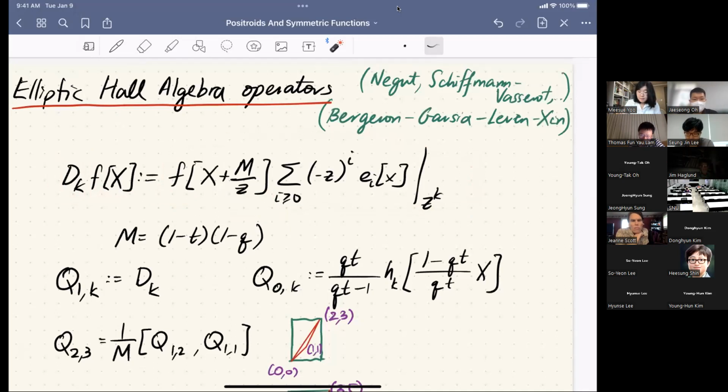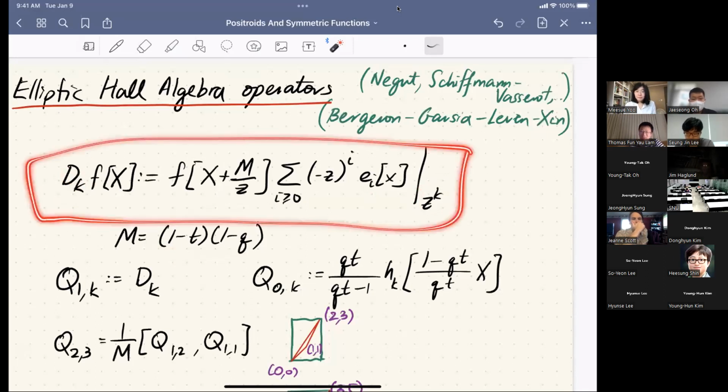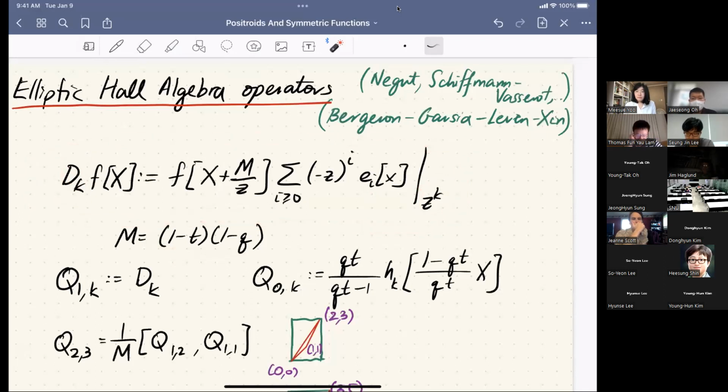Z is a parameter that keeps track of k, and M is this particular polynomial in q and t, (1 minus t) times (1 minus q). Then you do a vertex-operator style generating function acting with the elementary symmetric functions, and the coefficient of z to the k is the operator D_k. This formula defines D_k for every k greater than or equal to 0.